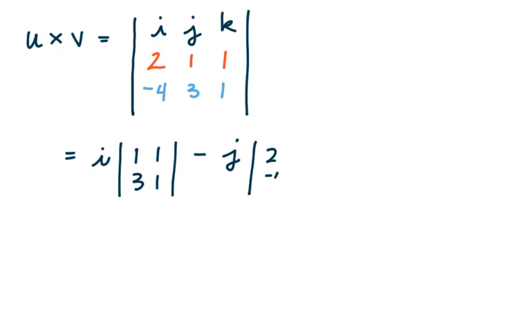So I've got 2, 4, 1, 1, plus K, and the numbers not under K are 2, 1, 4, 3.